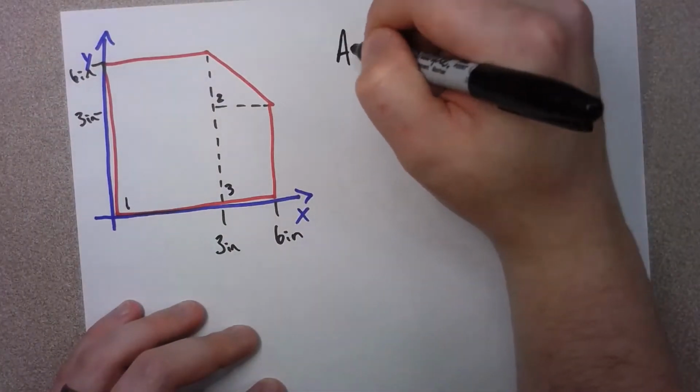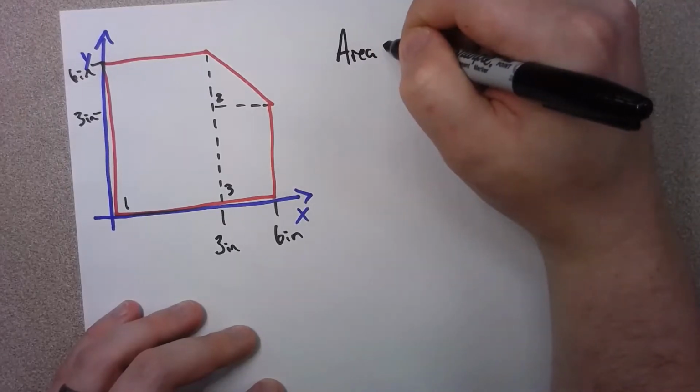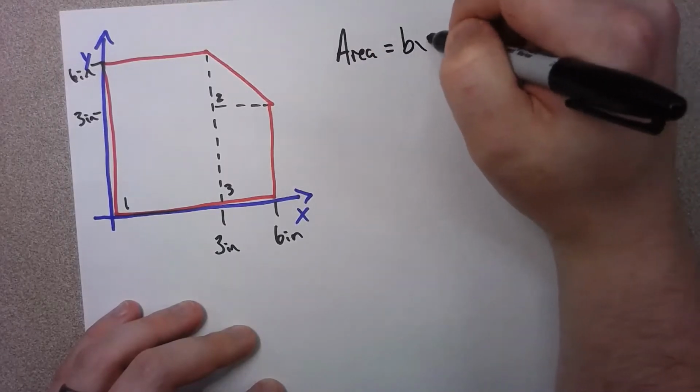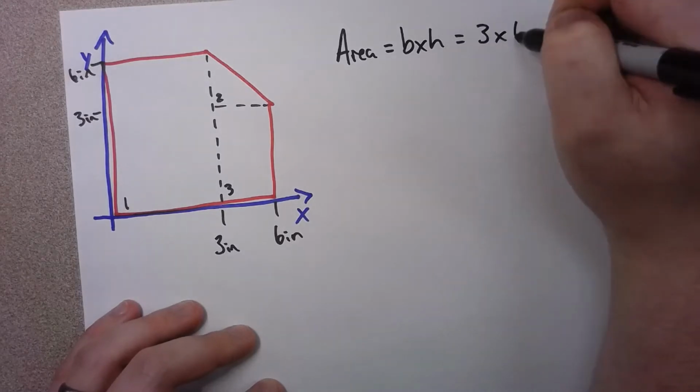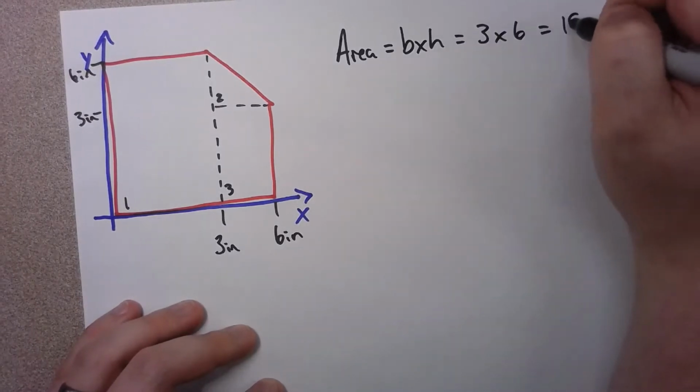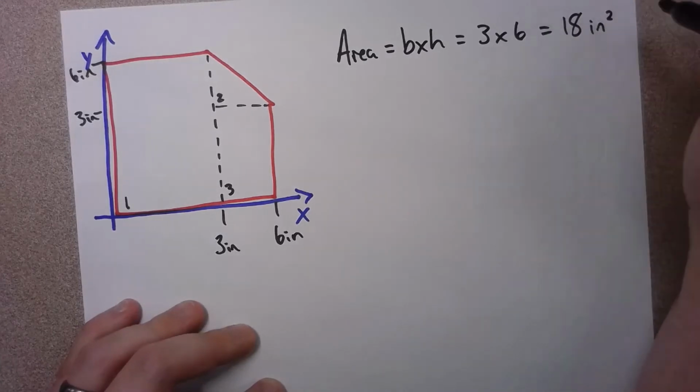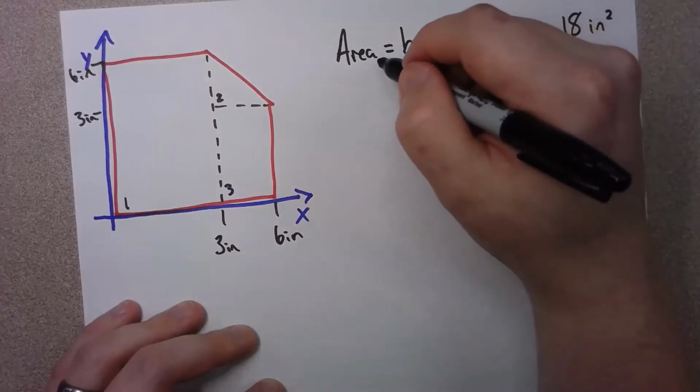So the area of shape 1 is equal to base times height, which is equal to 3 times 6, which is equal to 18 inches squared. Okay, that's area of 1.